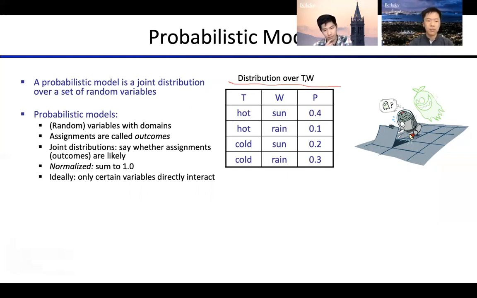There are a few key components for each probabilistic model: the random variables, the assignments, which are called outcomes, and the joint distribution, which is basically the table and indicates how likely each of the assignments is. The probabilistic model needs to be normalized, which means all entries sum to 1, and ideally it's only over the set of variables that interact with each other. This is related to properties like independence, which we will talk about later in this course.